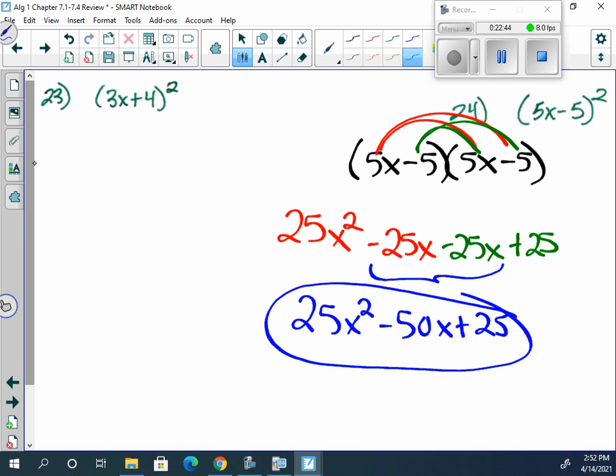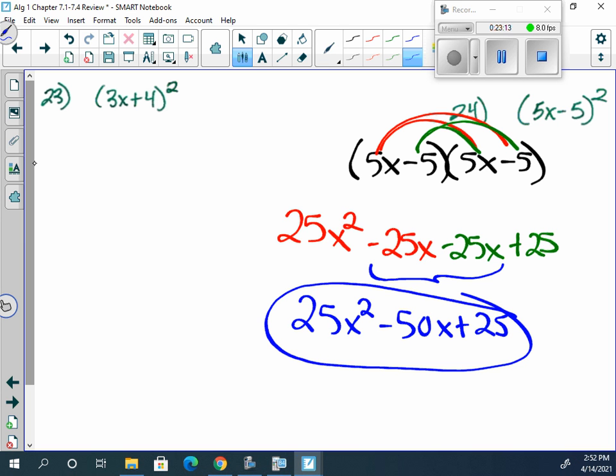Any questions on this here? So I think the real trick to this one here is remembering that 5x minus 5 squared is the same as 5x minus 5 times 5x minus 5, multiplying it by itself. So you need to be really careful because it's very tempting, and it is something that we do see a lot, students wanting to just do 5x times itself and negative 5 times itself.